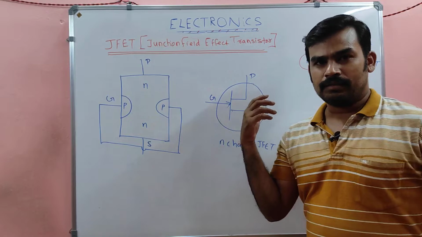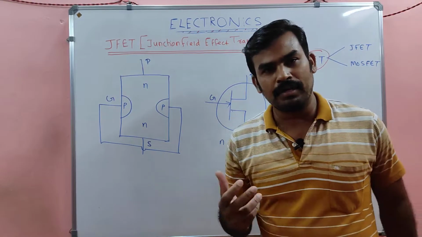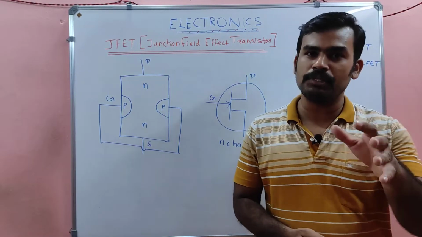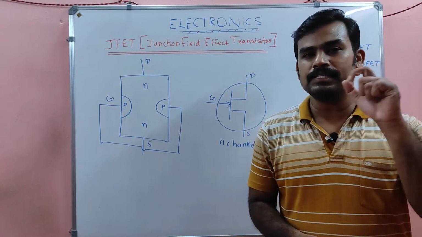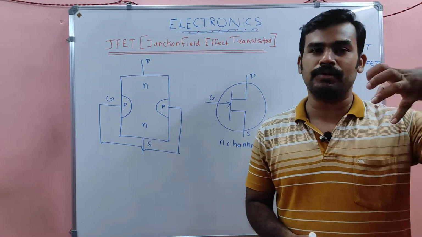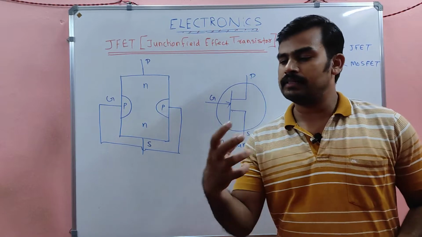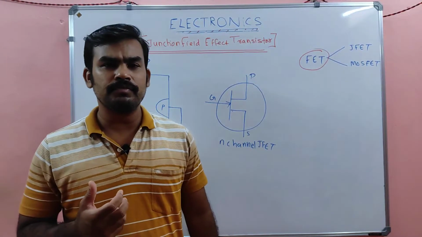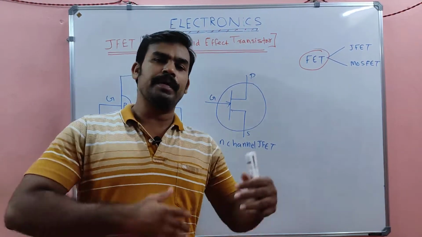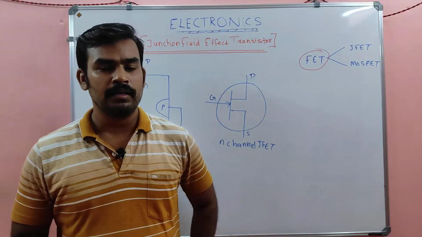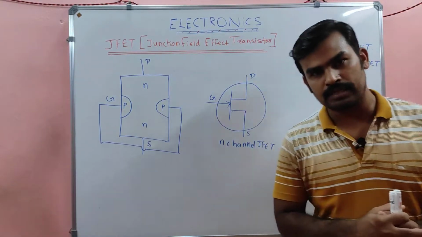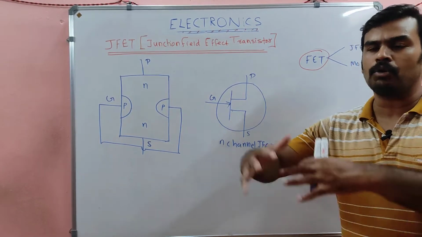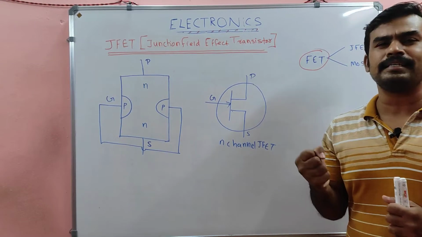In general, a field effect transistor is a special type of transistor in which the input impedance is very high compared to the BJT. The advantage of such high input impedance is that it doesn't allow all of the signal from the input side; it reduces the intensity of the signal.